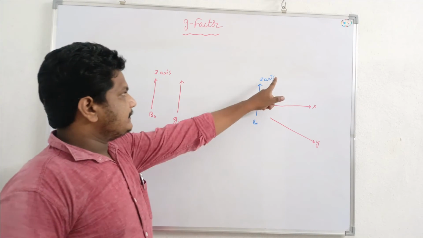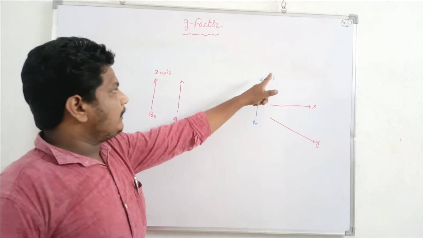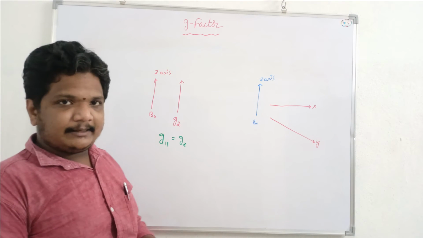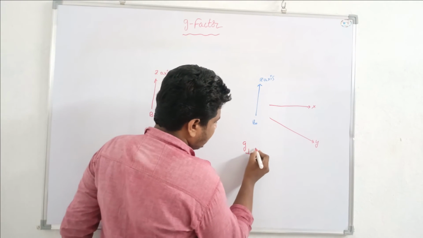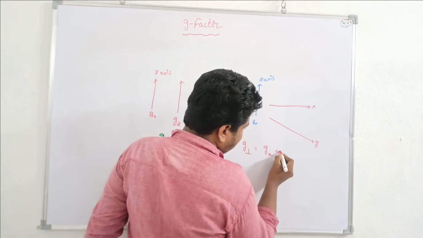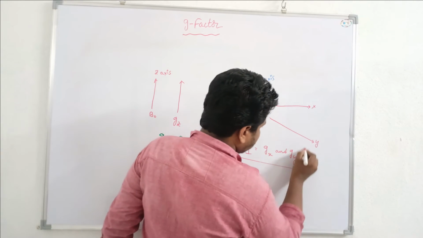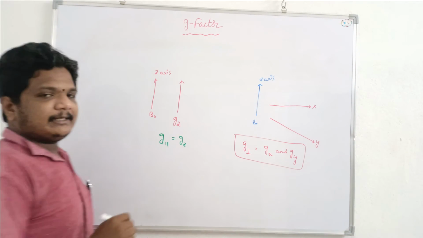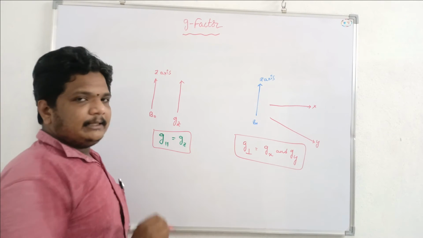That's why g perpendicular is equal to gx and gy.